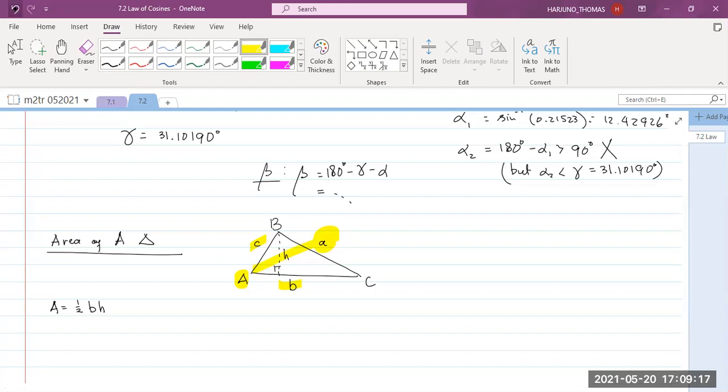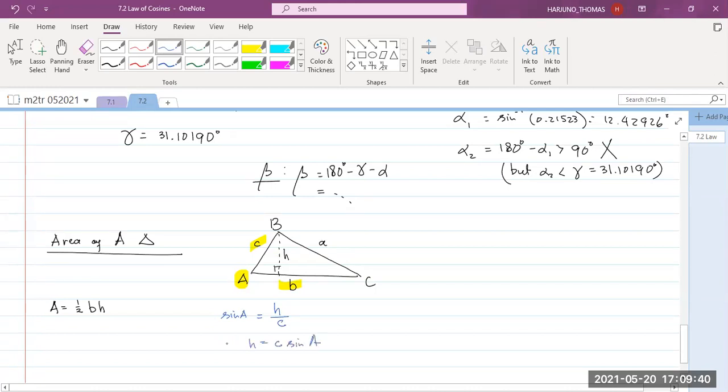But using the same starting points, two sides and the included angle, we will be able to find the area of this triangle, okay? Because H over C is equal to sine A. So H is C times sine A. Substitute that here.